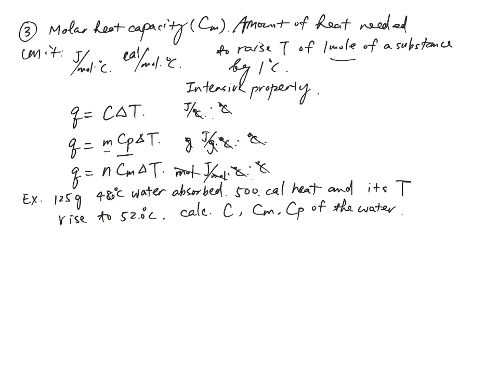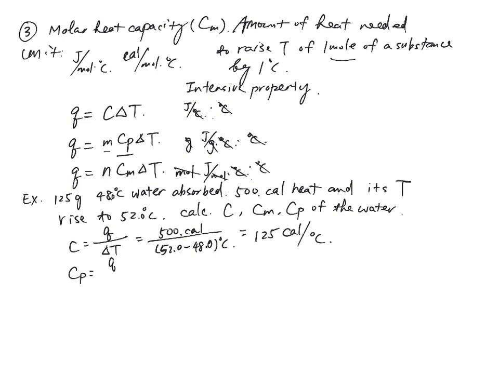Okay, so C obviously should equal Q over delta T. So 500 calories divided by 52.0 minus 48.0 degrees Celsius, and you end up getting 125 calories per degree Celsius.